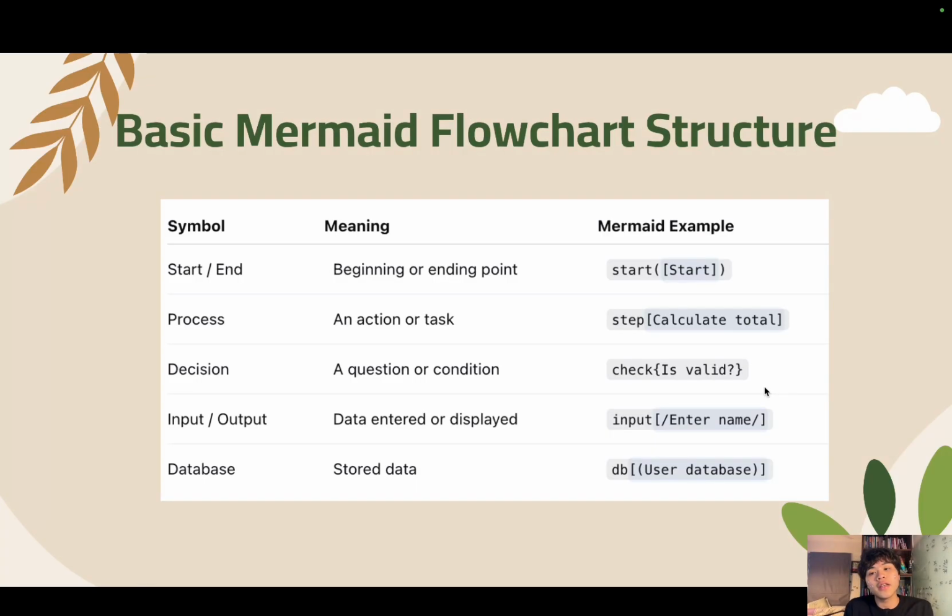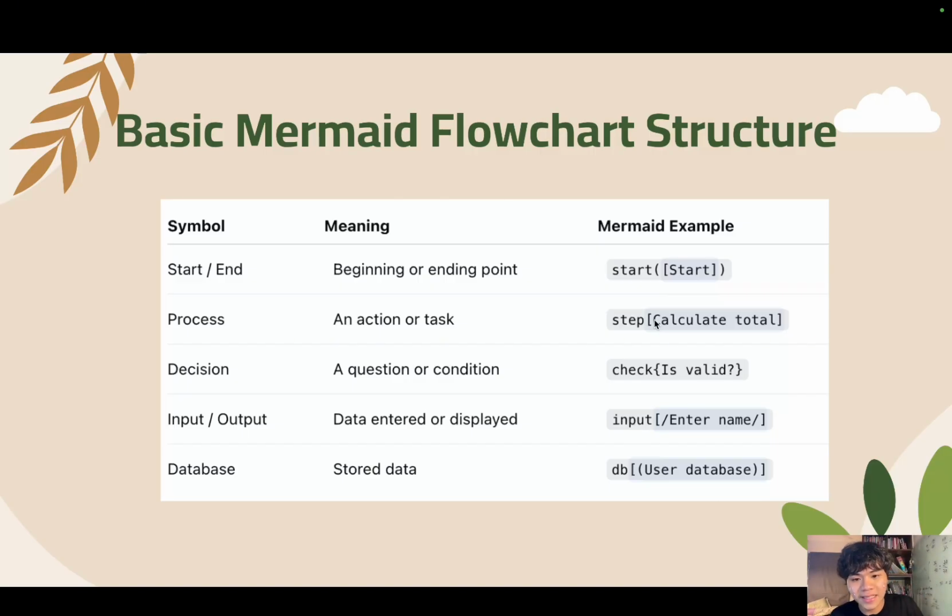So here is a very basic syntax for a Mermaid flowchart structure. Obviously each different flowchart symbol represents a different purpose. For example, a process is used to describe actions, and its syntax is this one with the square bracket.